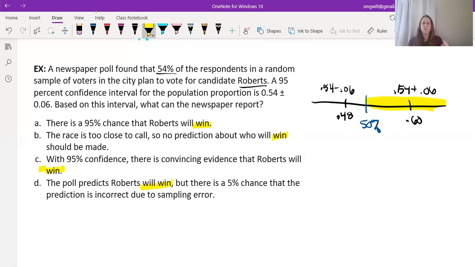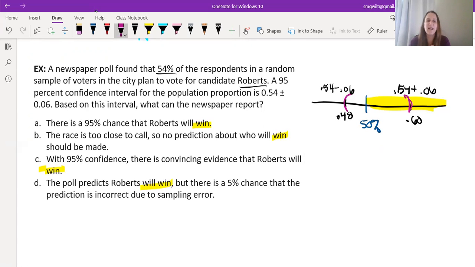If he were to win, I would have to have a confidence interval that encapsulated everything higher than 50%. And here we're between 0.48 and 0.6, so 48% and 60%. So sure, it's only 2% of our confidence interval that states that he would lose, but there's still a chance. So what that means is that we cannot predict that he can win.